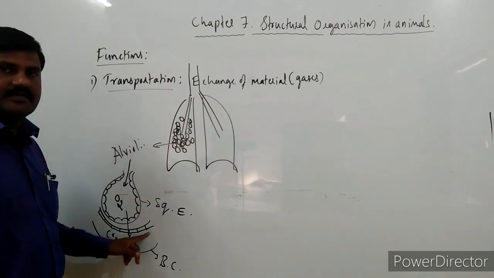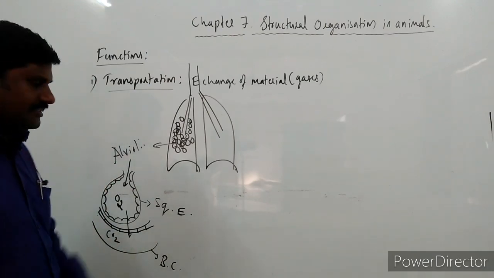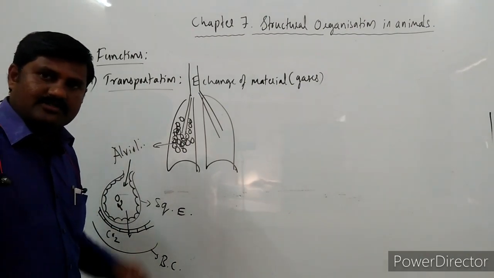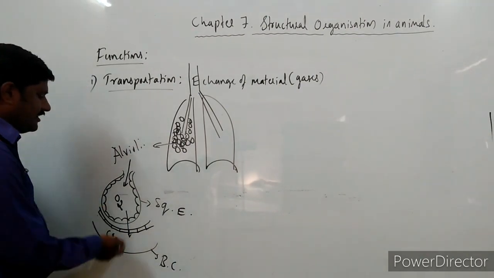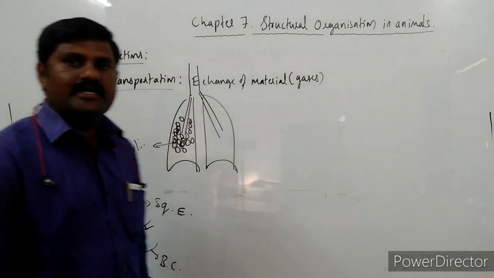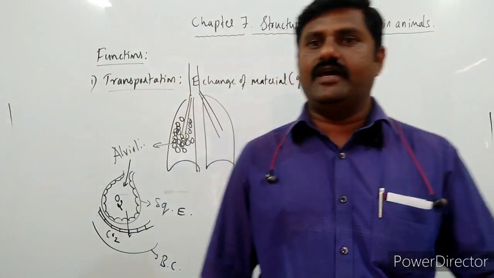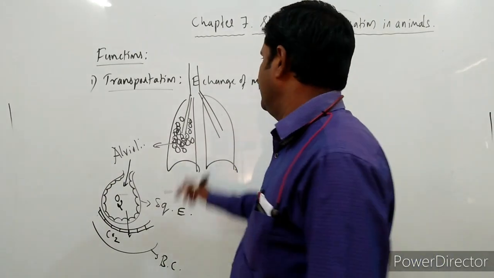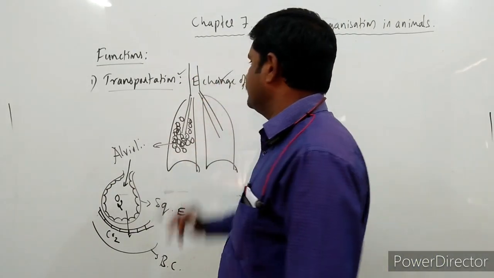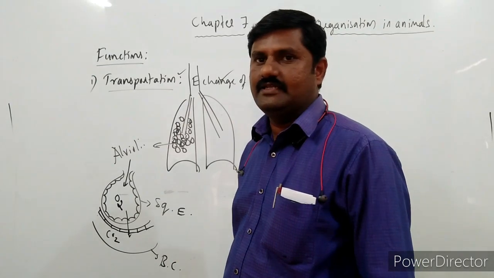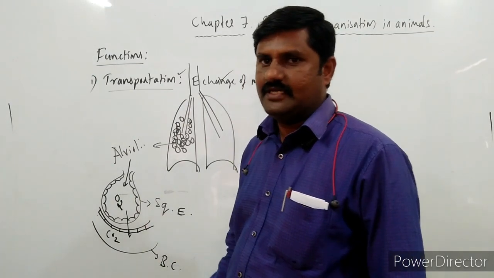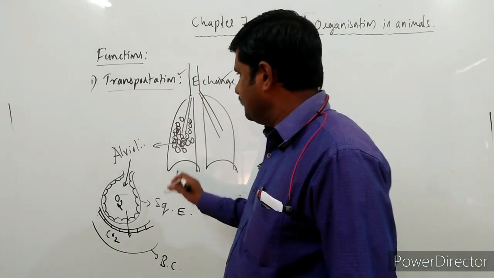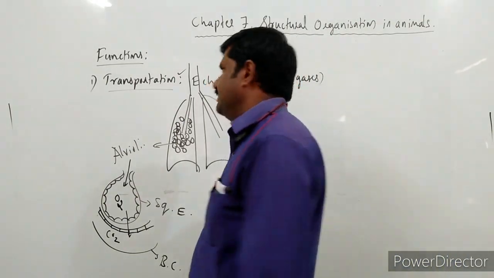Because the blood vessel is also lined by squamous epithelium, and the alveoli are lined with squamous epithelium, so the exchange of materials takes place very easily. So it helps in transportation or exchange of materials through it. This is one example, or one function, of this epithelium.